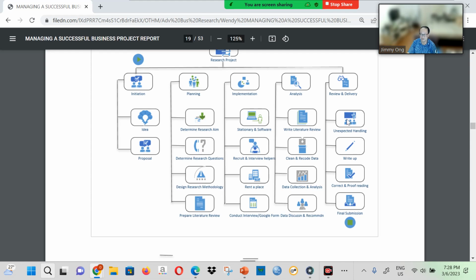Unexpected handling involve time, right? What was the delay? Maybe you need to finish your thing but hasn't written out because there's a delay here, right? Maybe something happened, some weather changes, right? Or like for example, Malaysia is a flood, so all your document and laptop is already flood away. So you need some time to write this. You need to ask for extension of your assignment. So these are some of those things that expected to have.